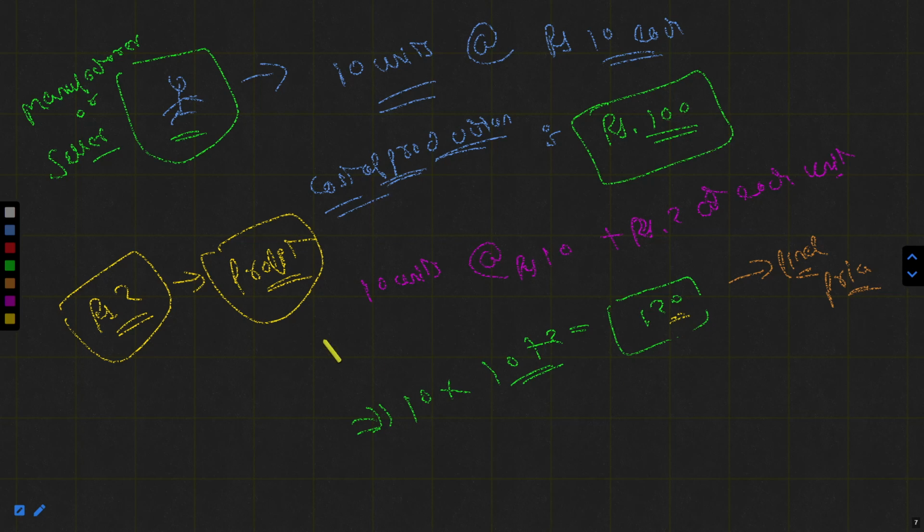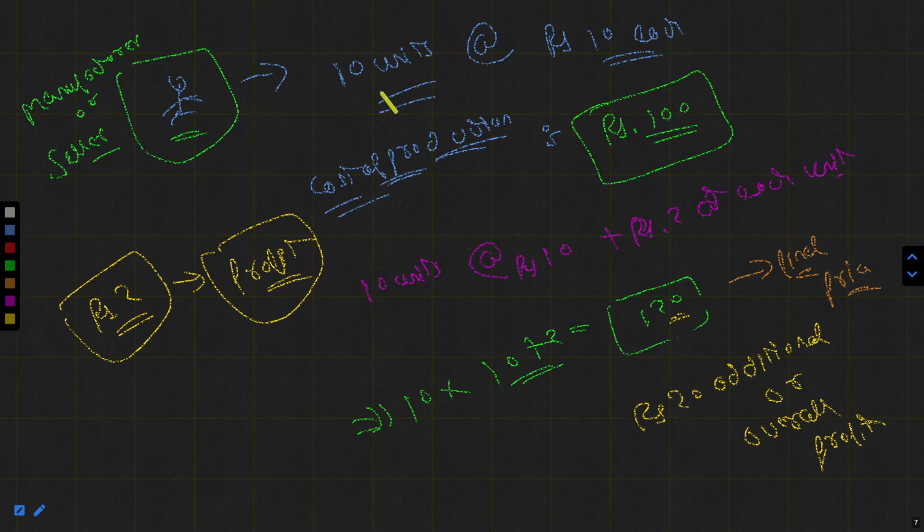It means he is getting rupees 20 as an overall additional price, or overall profit. Because of this earning he is producing the 10 units.